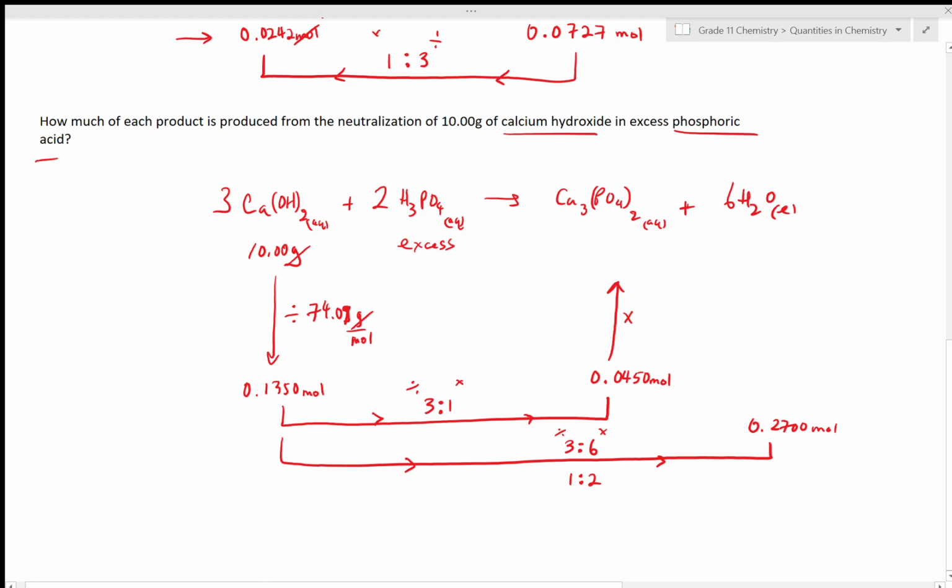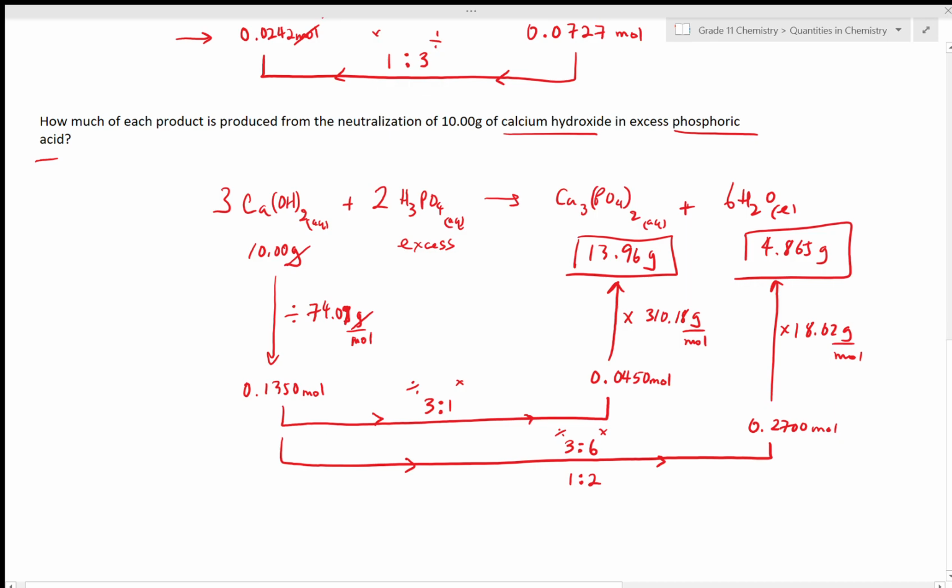I need to multiply by the molar mass of the calcium phosphate, which comes out to 310.18 grams per mole. It's pretty heavy. This one over here, when we're going to convert to water, is 18.02 grams per mole of water. And we're multiplying for both. When you do that, you produce the following: 13.96 grams of calcium phosphate produced and 4.865 grams of water that is produced.